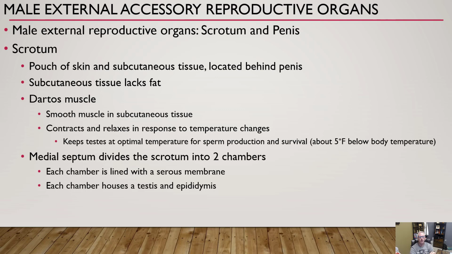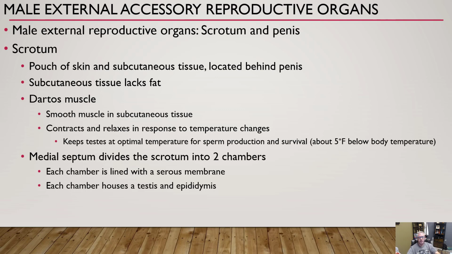There is this muscle called the dartos muscle that responds to temperature changes. It's made up of smooth muscle. It's not anything that we have any control over. Remember, smooth muscle is involuntary. And this dartos muscle is what's responsible for your scrotal sac to contract or expand in response to temperature changes.